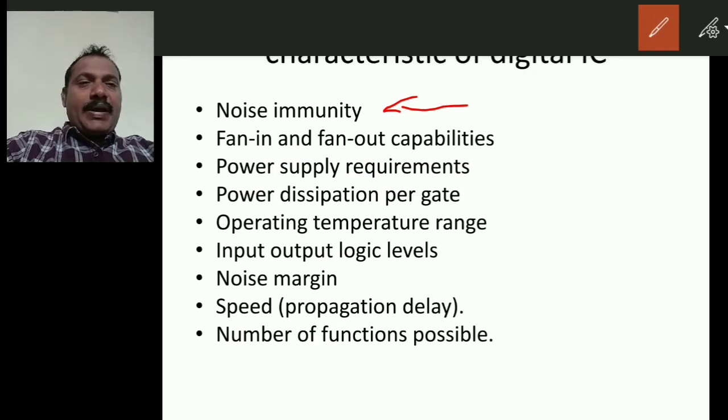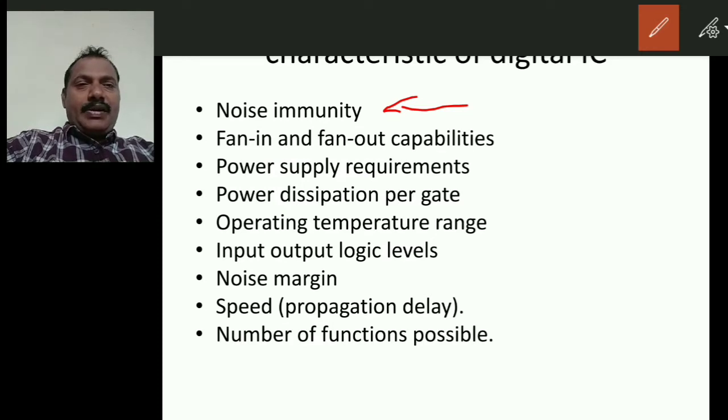And power supply requirements. Each IC, according to its family, has its own power supply requirements, which we will discuss. And power dissipation per gate, how much power it can dissipate.